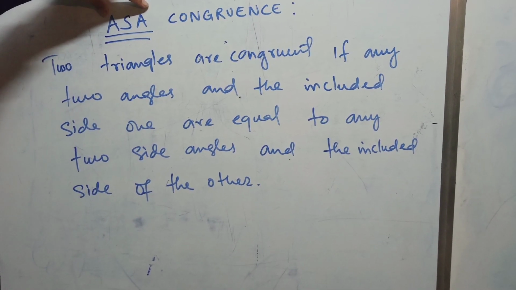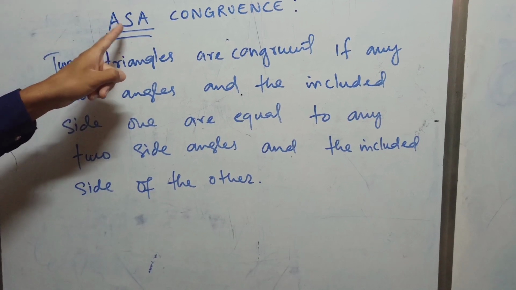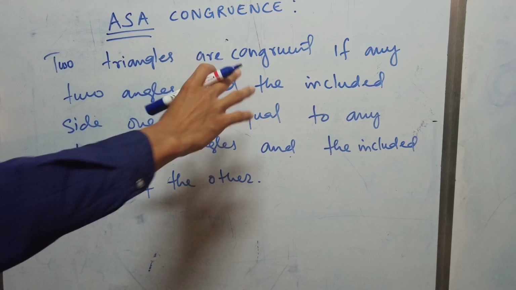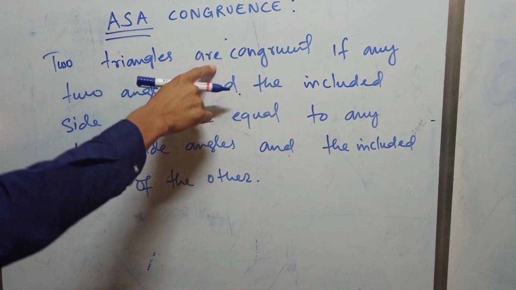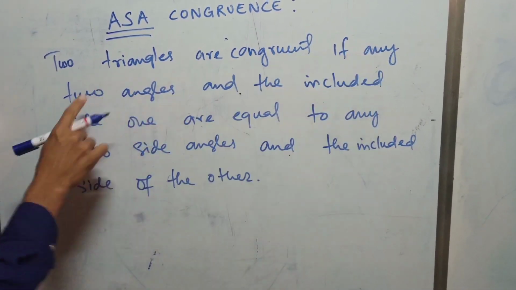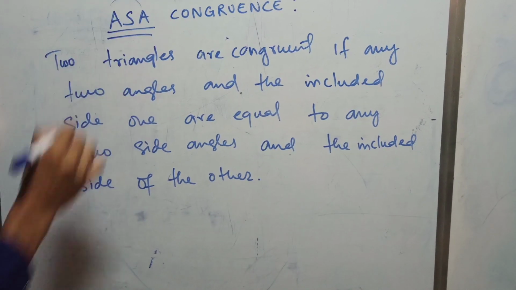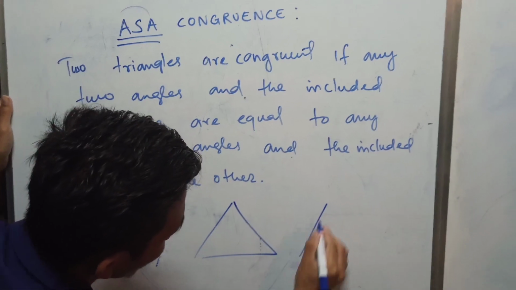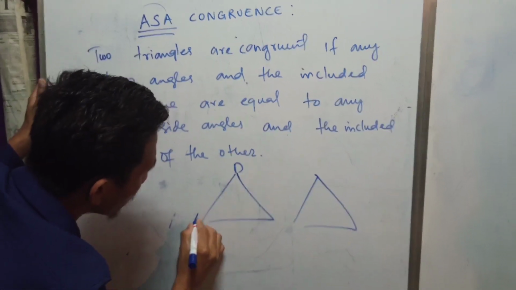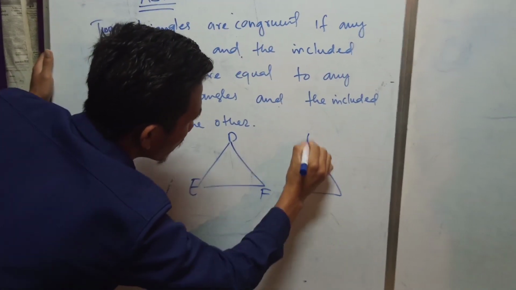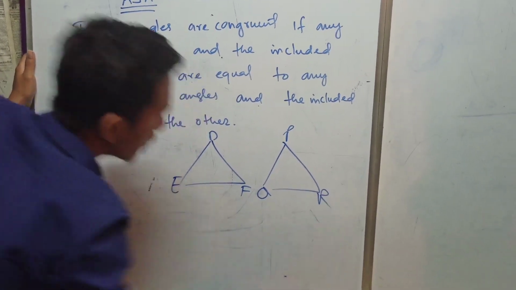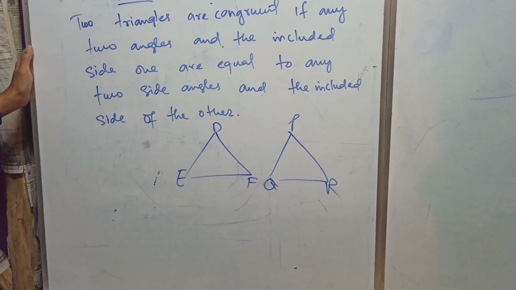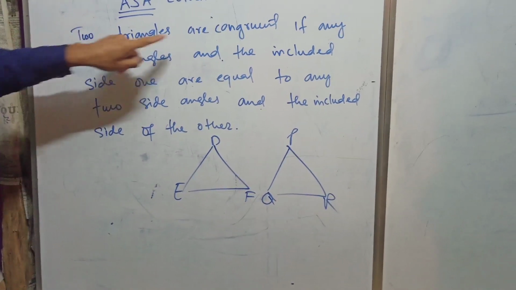When two angles and the included side are equal, we can say angle side angle. Two triangles are congruent if any two angles, these two angles. Okay, let's write two triangles DEF and PQR.